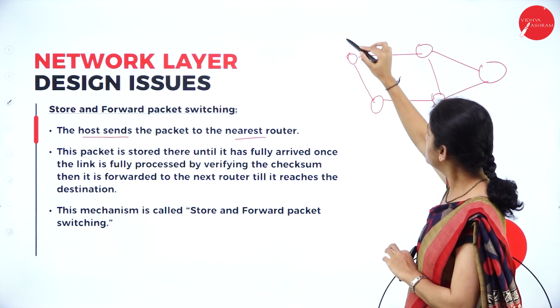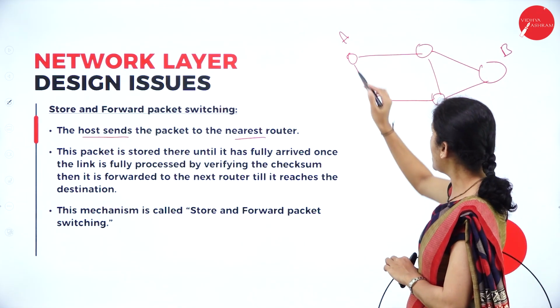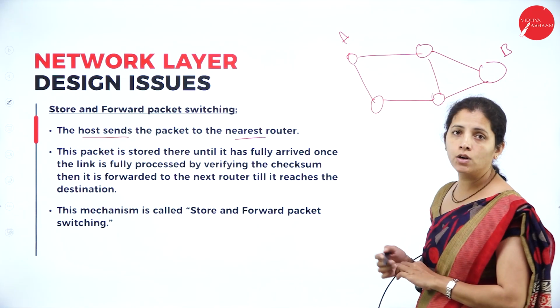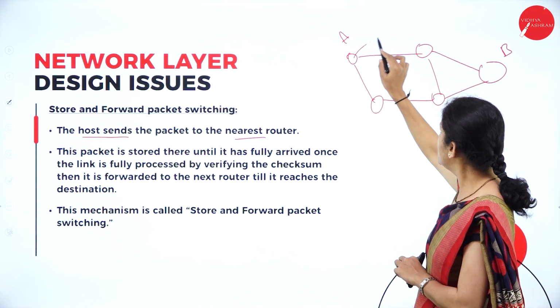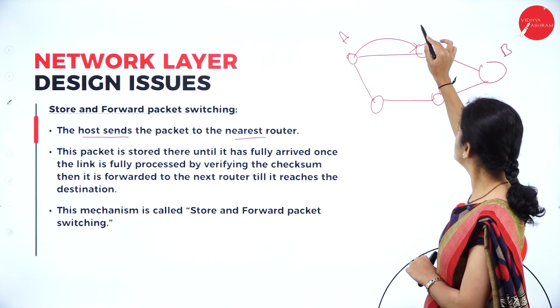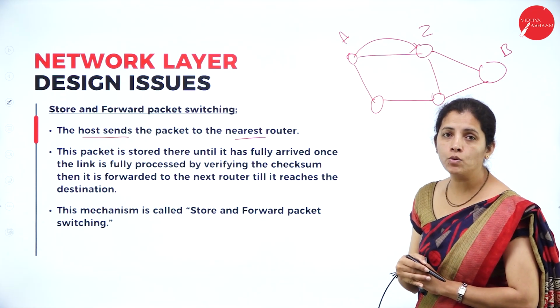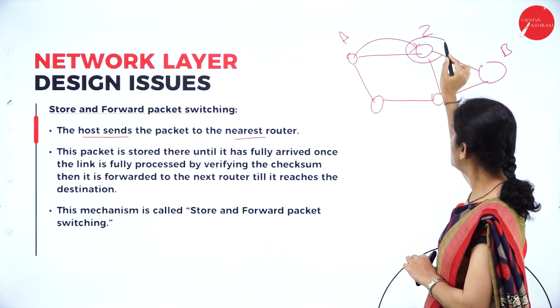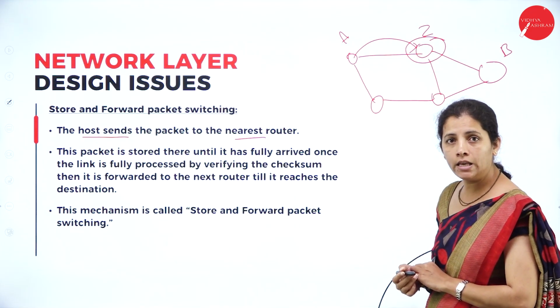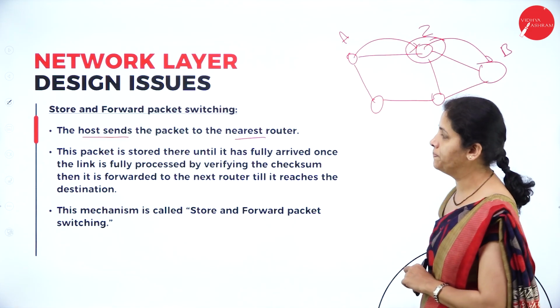This is my A and this is my B. Suppose A wants to send any data to B, it's going to send the message to an intermediate node, say Z. Now, the job of the Z router is to store the data in its memory and forward that to B.